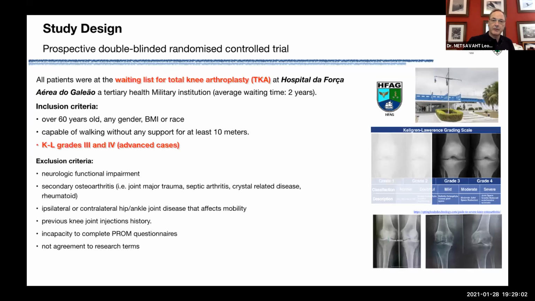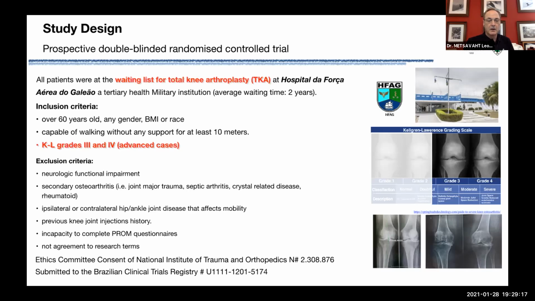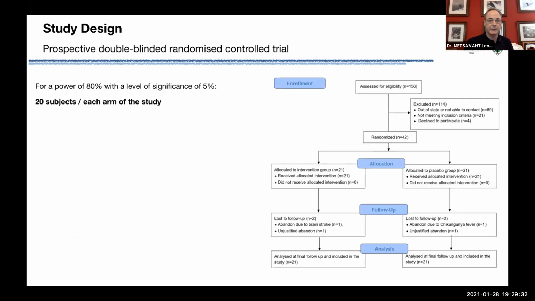Our exclusion criteria were those we normally see in the literature, people with neurological conditions or secondary traumatic osteoarthritis, etc. Of course, we had permission from the national ethics committee and the hospital ethics committee, and we submitted this protocol to the clinical trials registry before starting.